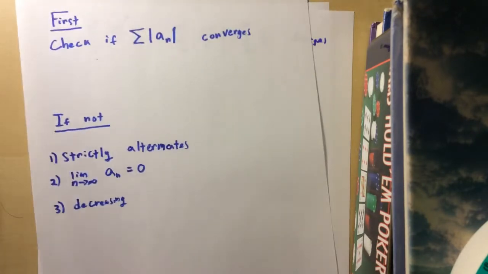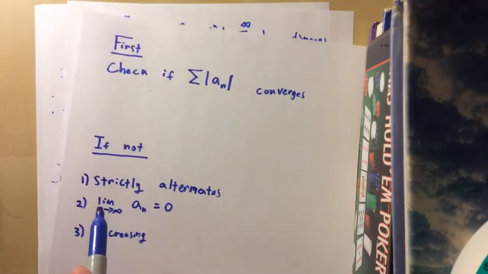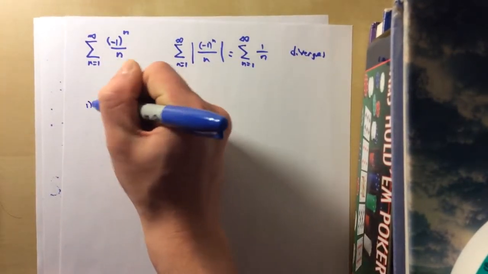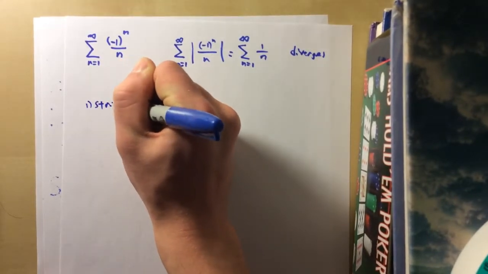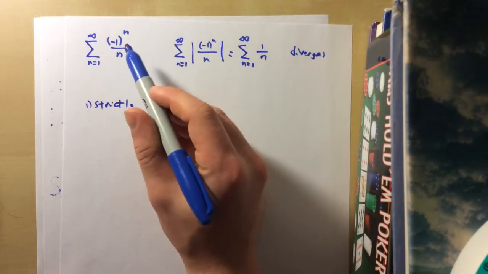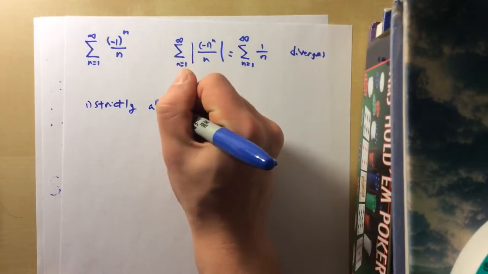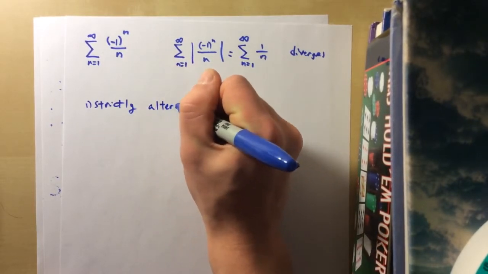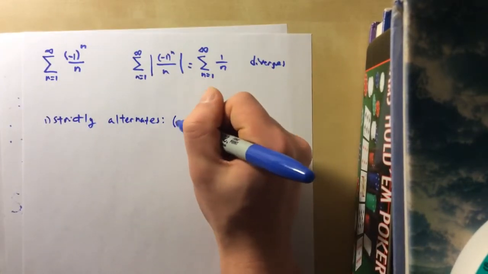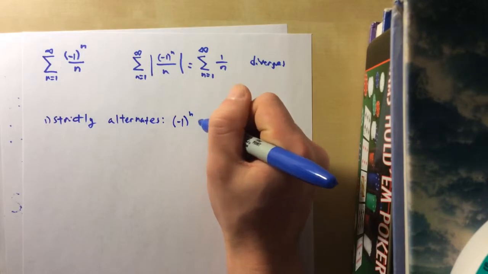So our first thing it needs to pass is that it strictly alternates. And strictly alternating, you can show that in a couple ways, and the most common way you'll see it is the way you see it in this problem, which is negative 1 to the n.